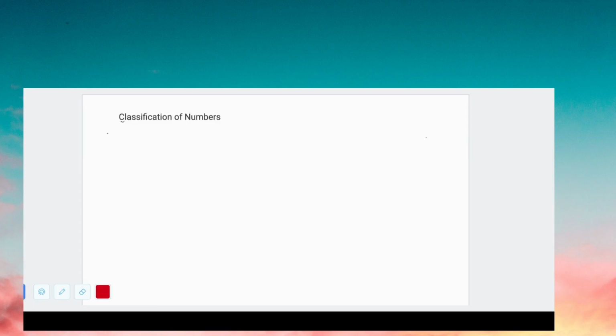Mainly, numbers are classified into two types: real numbers and imaginary numbers. Real numbers are the numbers which have only real existence, that is, whatever we are using every day.